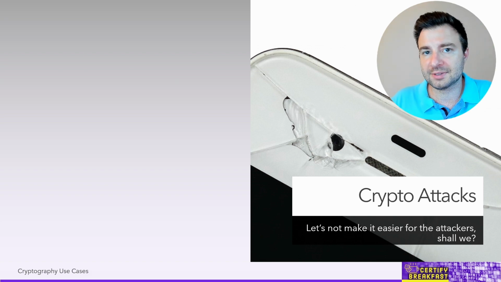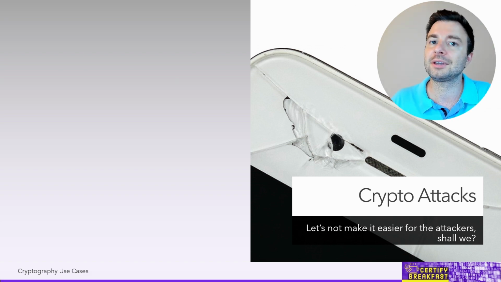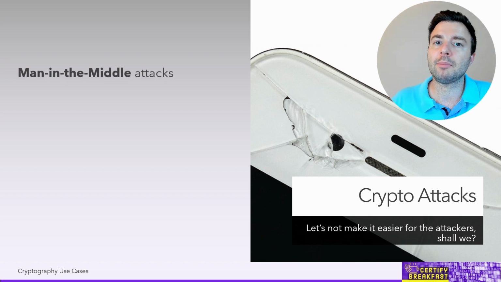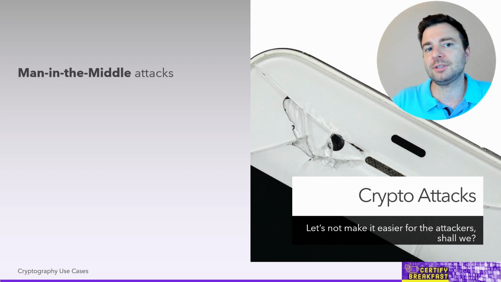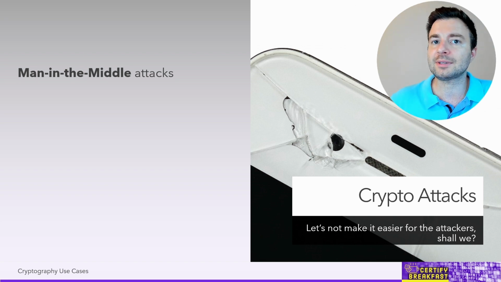So talking about risks that our encrypted data is facing, we can think about, first of all, man-in-the-middle attacks. A man-in-the-middle attack, as a general concept, relies on the fact that there's a third party, an attacker, that intercepts the communication between Alice and Bob, for example, and then they either just inspect it, so they gain access to confidential information, or they alter it, so they change the integrity of that data.